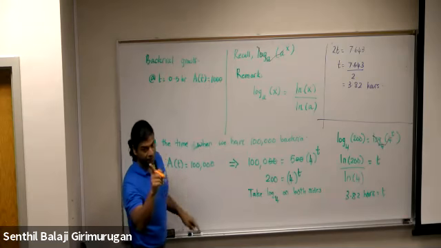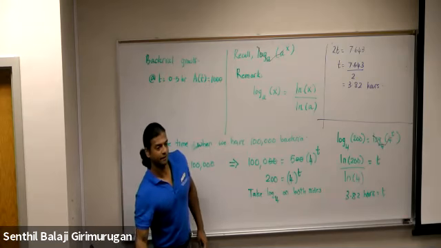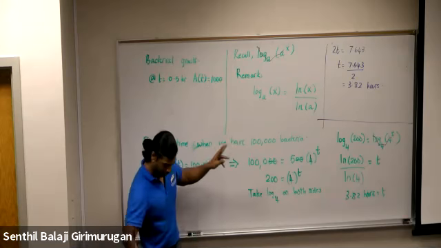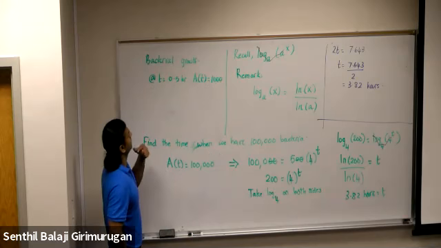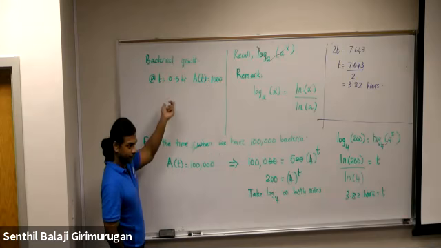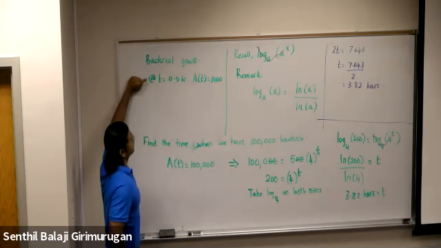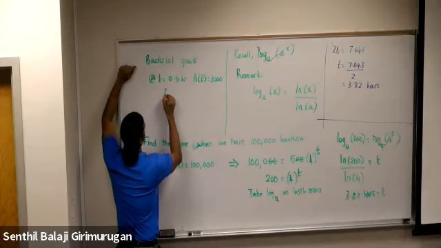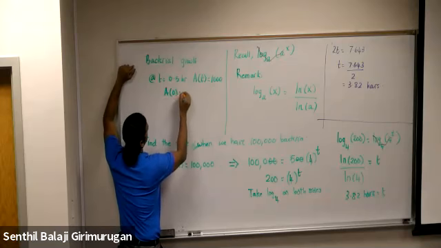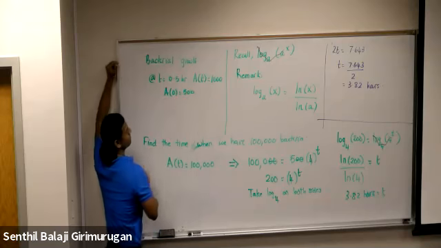And they didn't know the initial value, correct? That's the first step: we wanted to find the initial value and the rate also. Or did they give us the initial value? Yeah, they gave 500. So A of 0 is 500.